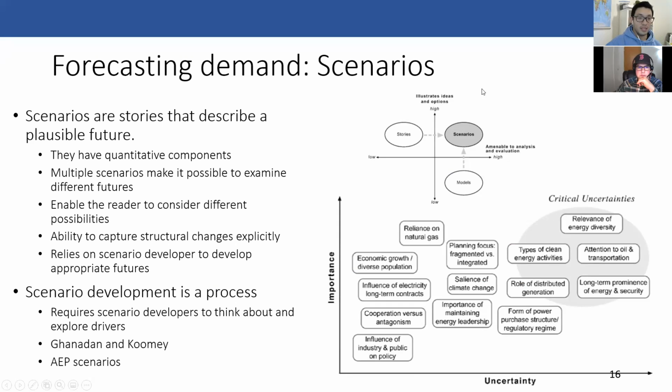I really like this diagram for describing qualitatively what a scenario is, right?